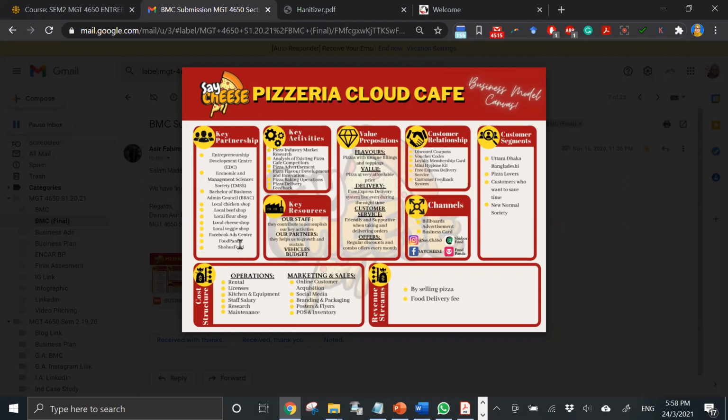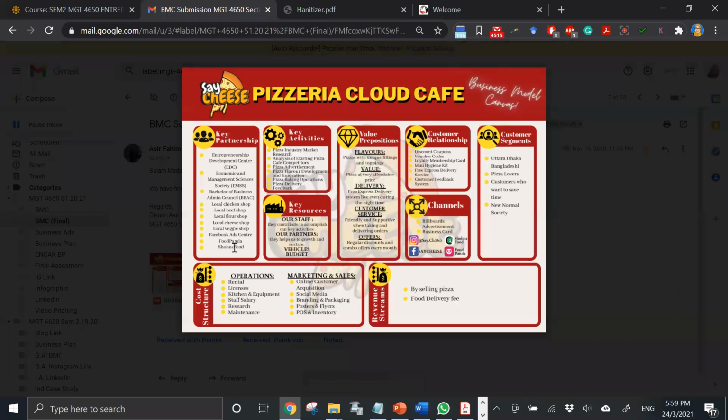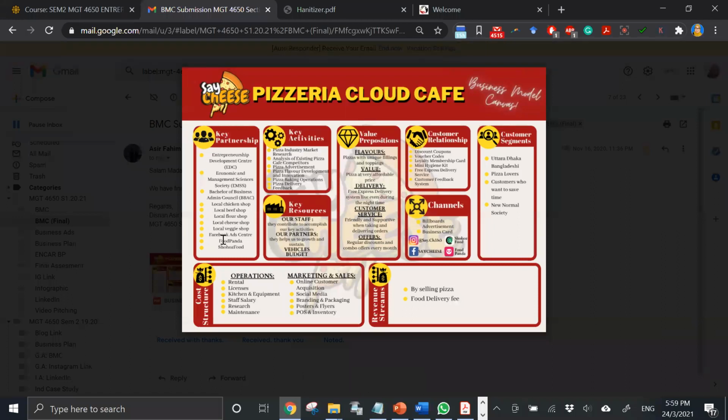For example, you are paying Facebook. You pay for their service, and they help you on your business activities on the marketing part. But not on channels. Channels can have e-commerce. Key partnership also can have e-commerce, but key partnership does not have social media, it's different.